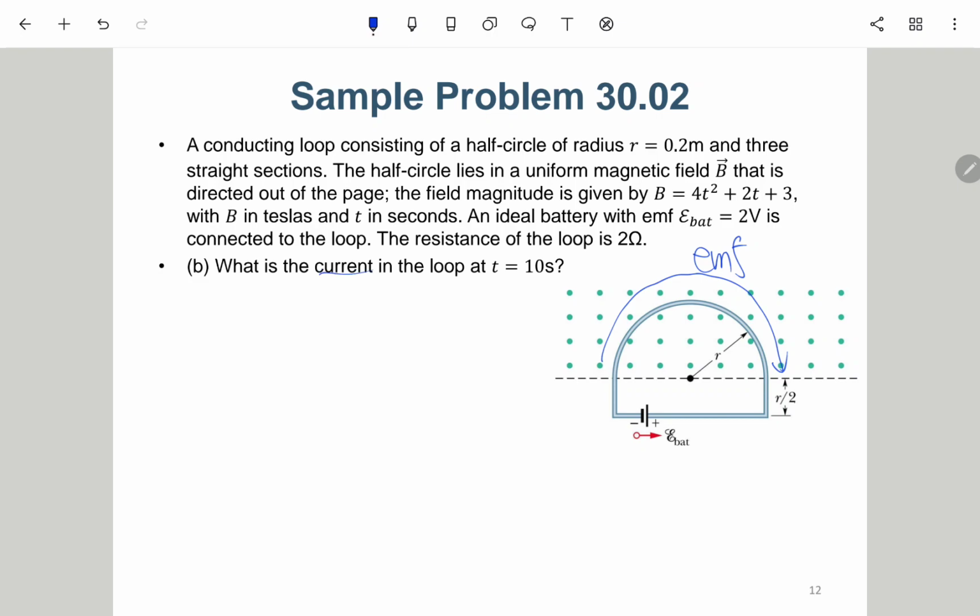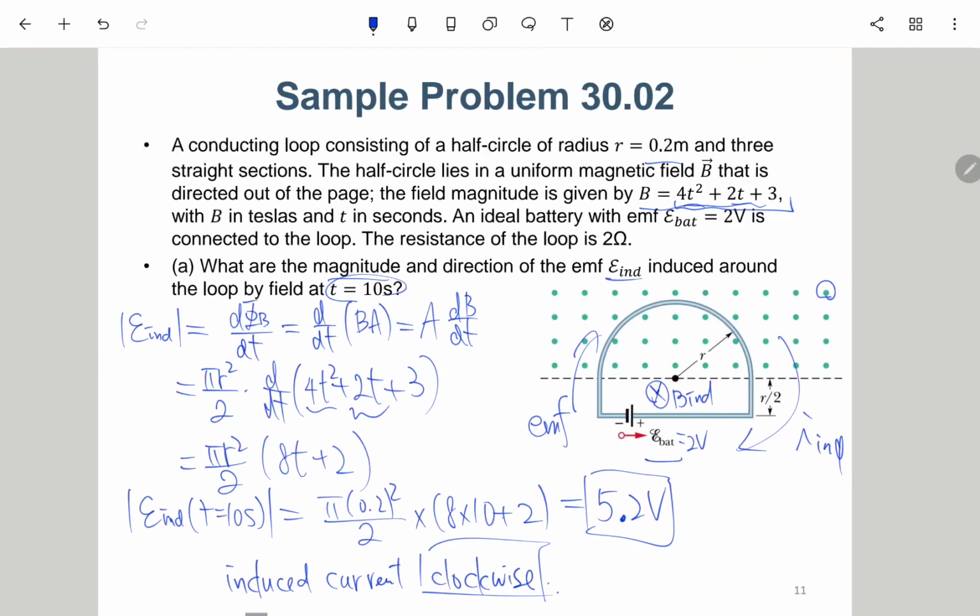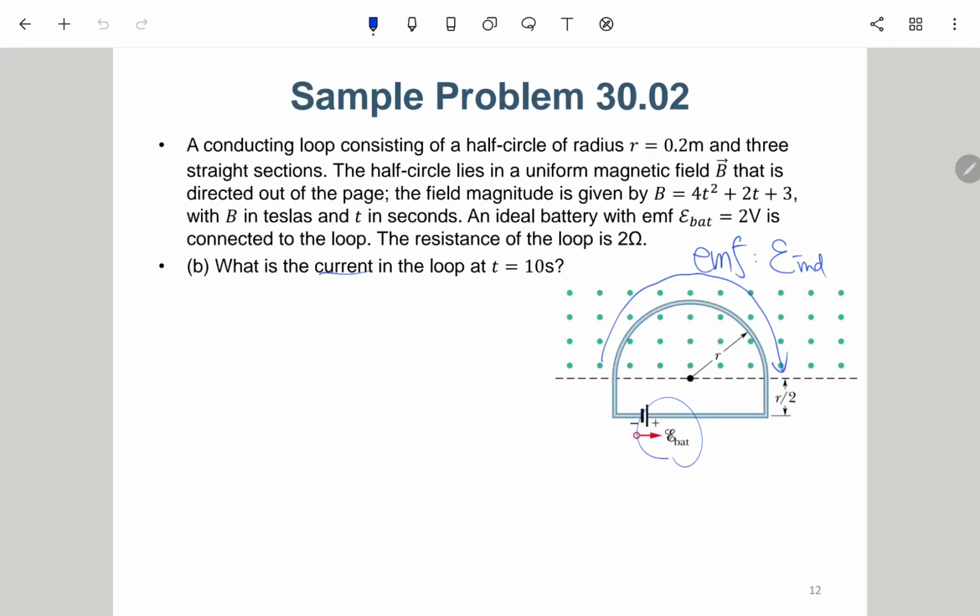Here we have the E battery, and also we have this EMF, E induced at t equals 10 seconds. We already know that E induced at t equals 10 seconds should be 5.2 volt.